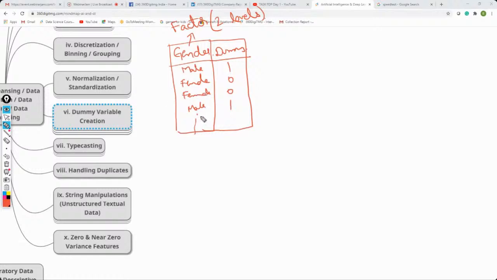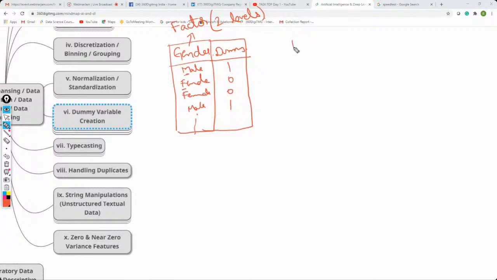Of course, it looks at all the alphabets. So F comes first, then comes M. Alphabetically, A, B, C, D, E, F, G, H, I, J, K, L, M. After F comes M. So whichever comes first will be given 0. Whichever comes next would be given 1.